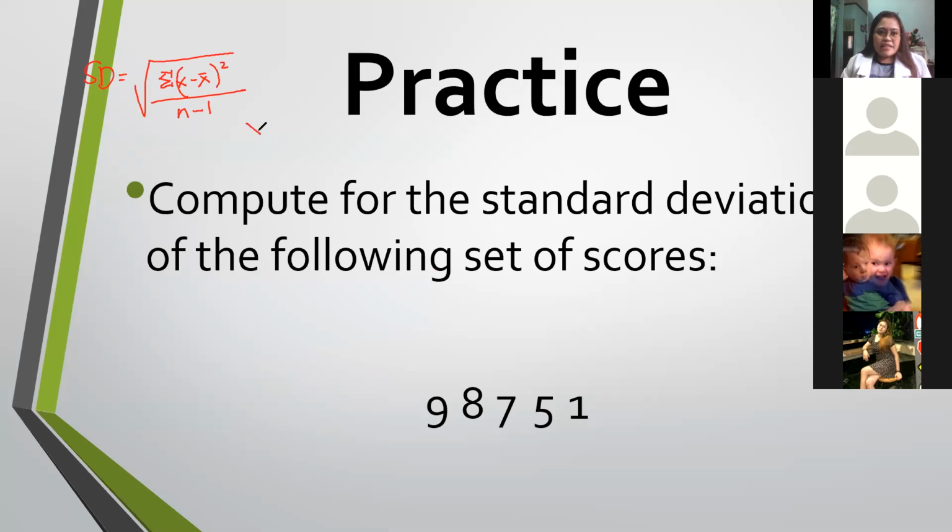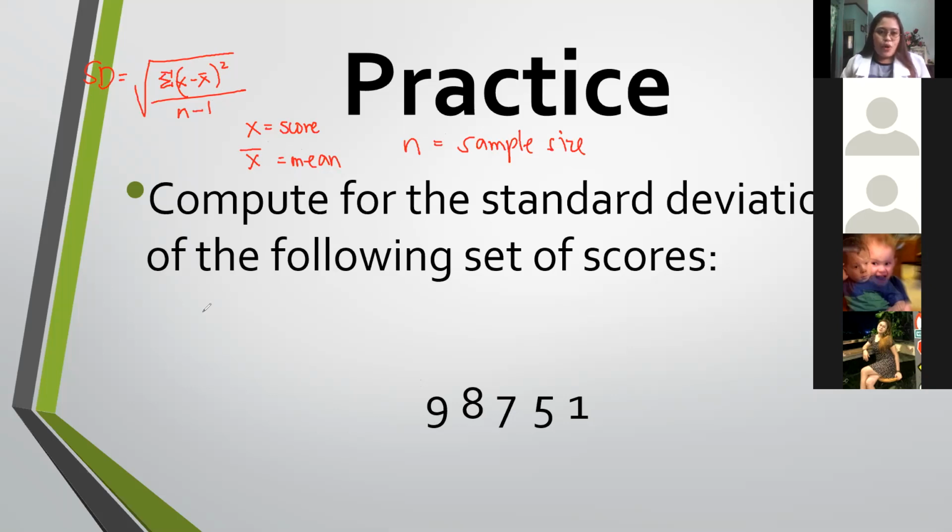The x, class, is the score, each score. This is your mean, and the n is the sample size. This symbol means summation, meaning you have to add, to get the sum of everything.